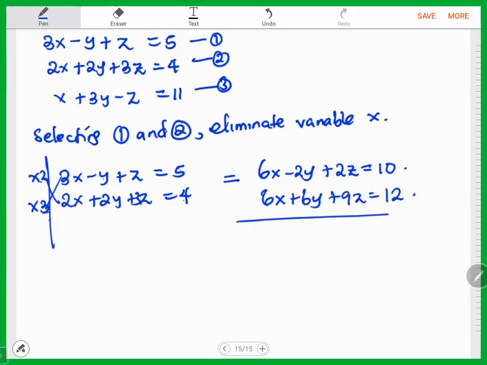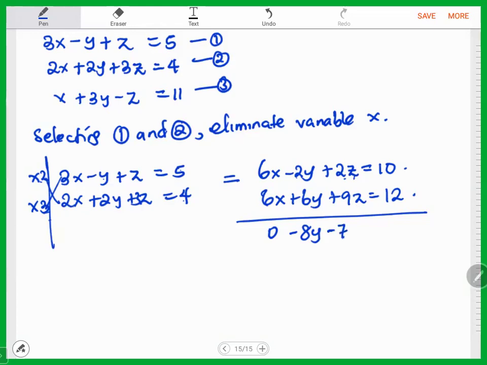Remember, we said selecting 1 and 2 eliminate variable x. So we are going to subtract the 2. This will give us a 0. Minus 2y minus 6y gives us minus 8y. 2z minus 9z gives us minus 7z.